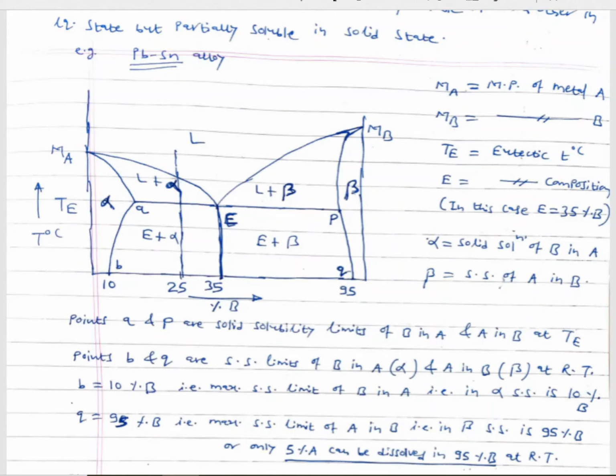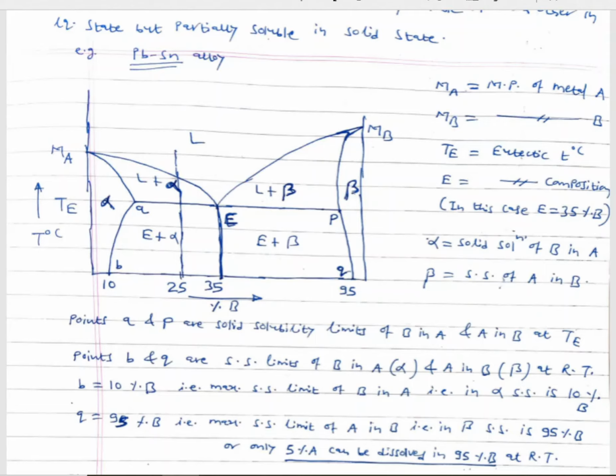Point b corresponds to 10% B. So a you may consider as 13 or 14% B. So this is the solid solubility limit of B in A, or in alpha solid solution, at eutectic temperature.